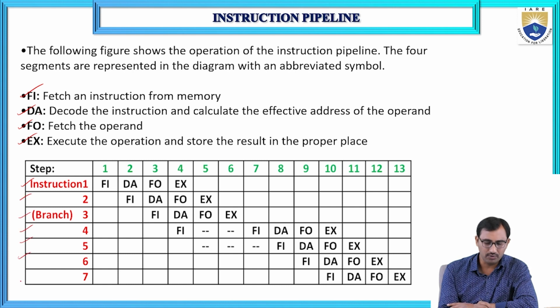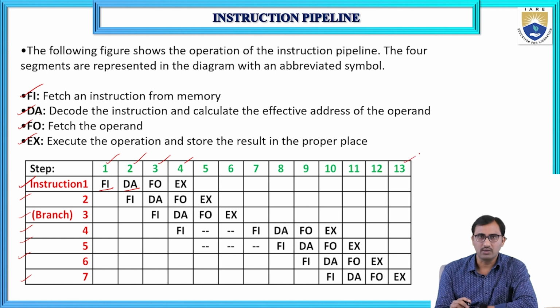A program consists of several instructions. The first instruction is fetched from the memory. After fetching, it will be decoded. These are the clock cycles: first clock cycle, second, third, fourth, up to 13 clock cycles. During the second clock cycle, the first instruction is decoding. While the first instruction is in the decoding phase, the second instruction I2 is fetched from the memory.